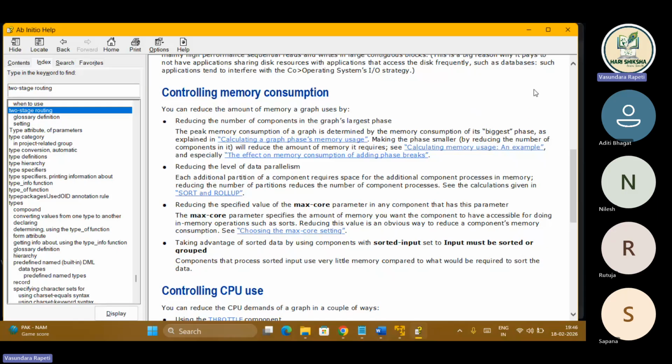So what will the maximum RAM size be for this graph? 60 GB only, right? So 40 GB of RAM is saved and can be utilized for some other parallel running process. That's why they say to try to reduce the number of components in the biggest phase. That is the rule of thumb.